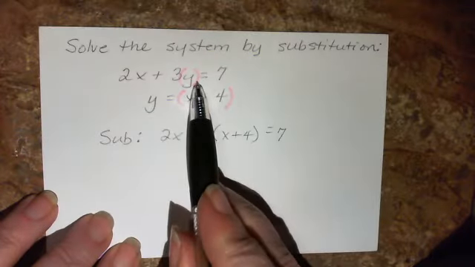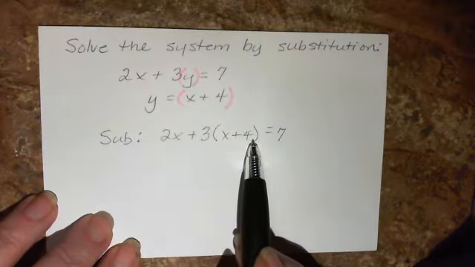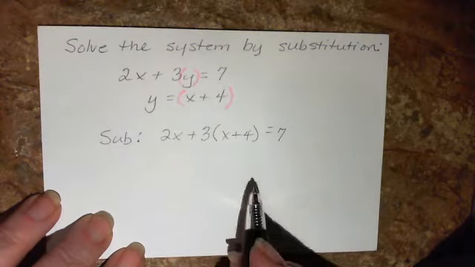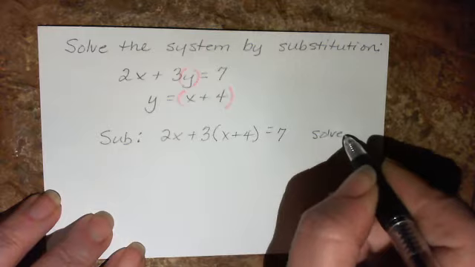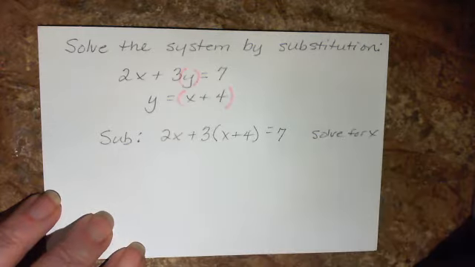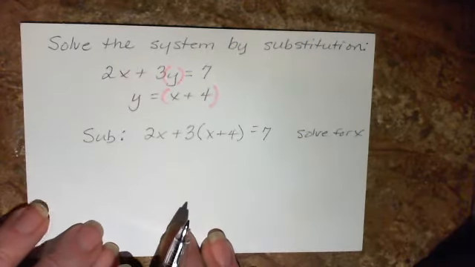We just rewrote the first equation but replacing the y with this parentheses. Now we're going to solve this equation for x because this has only the variable x.